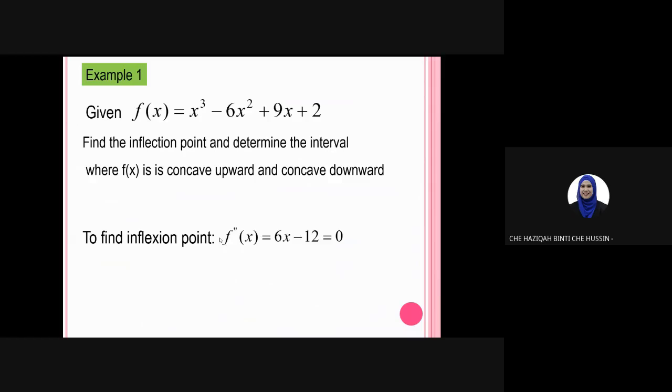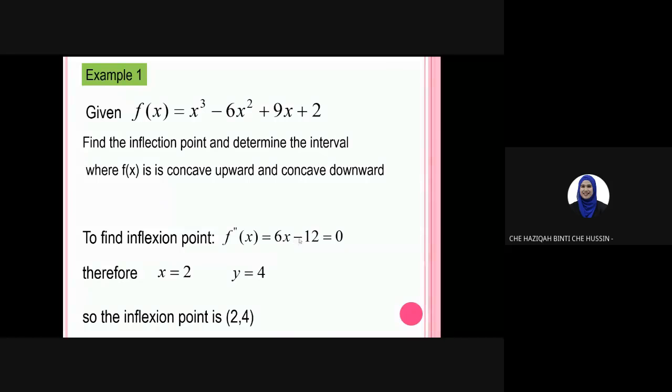To find the inflection point, we need to find the second derivative, right? So first we find the first derivative, then we need to differentiate once again. So 6x minus 12, then we can get the inflection point (2, 4) here. Okay, we factorize this one. 6x equal to 12, so x equal to 2.